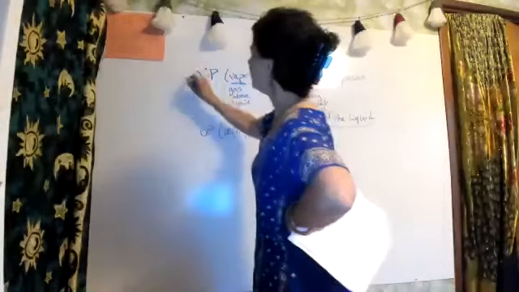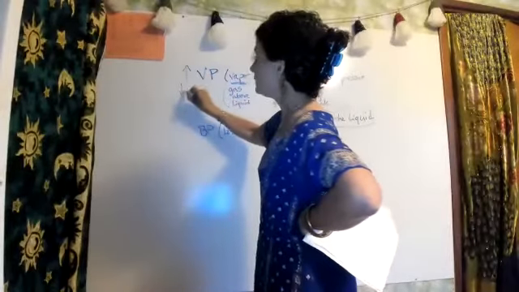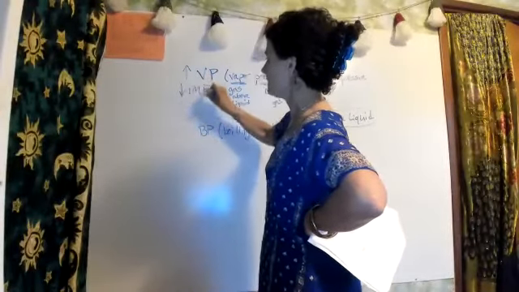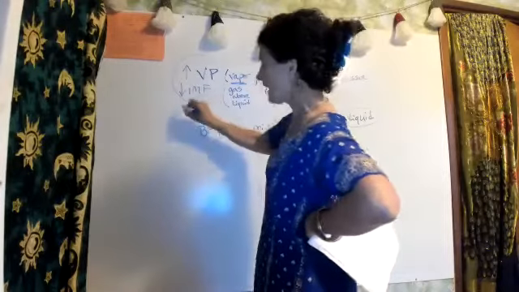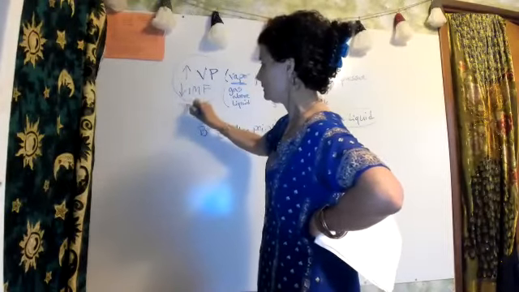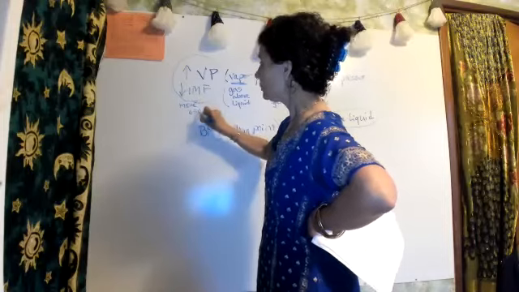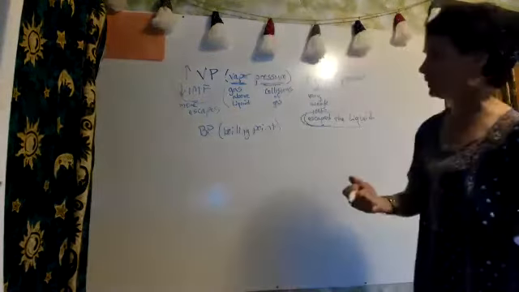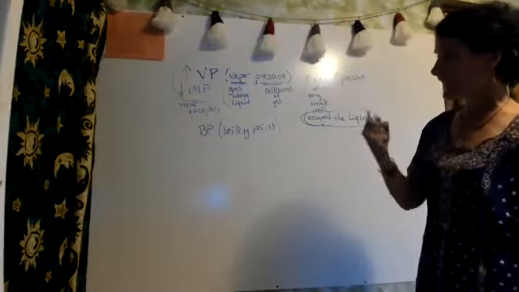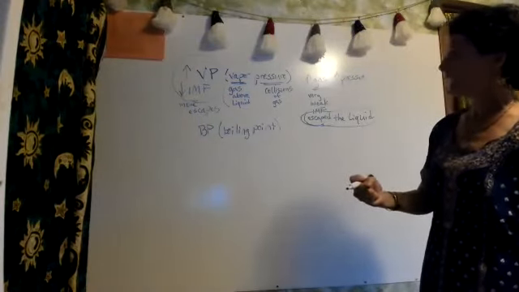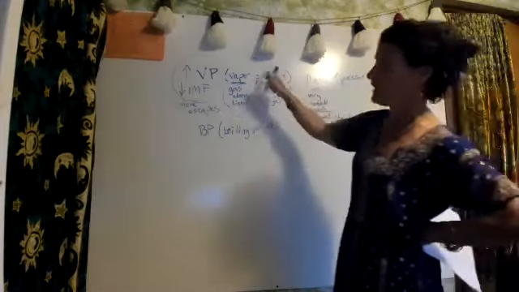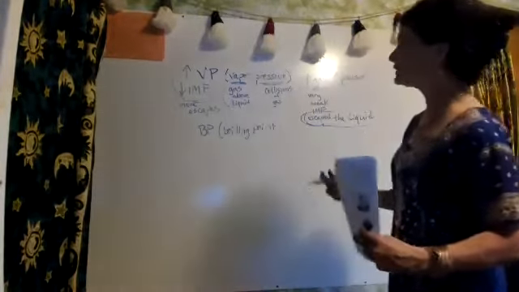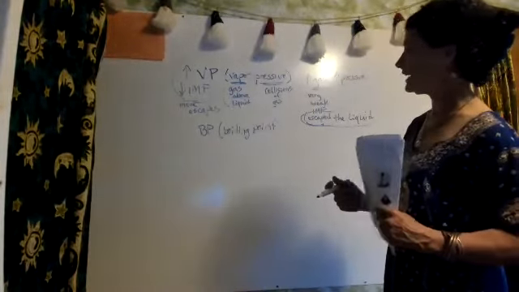You're going to increase the vapor pressure as you decrease the intermolecular forces. And that is, again, because more escapes. The intermolecular forces are what holds the liquid together, what keeps the liquid in there. And then as they escape, they become the vapor above, and we can actually measure that with a pressure gauge.